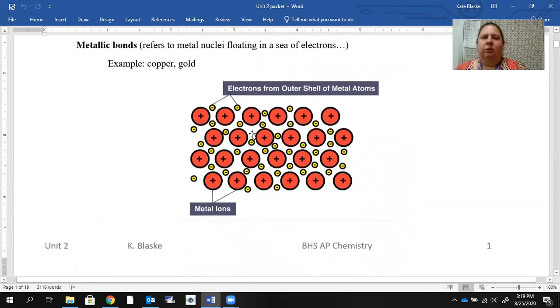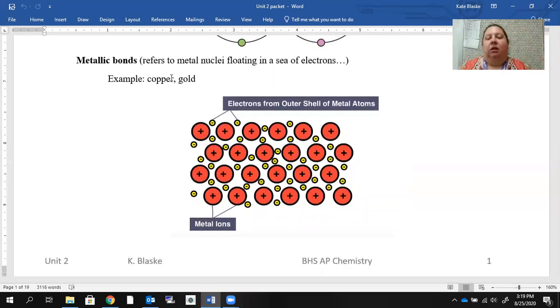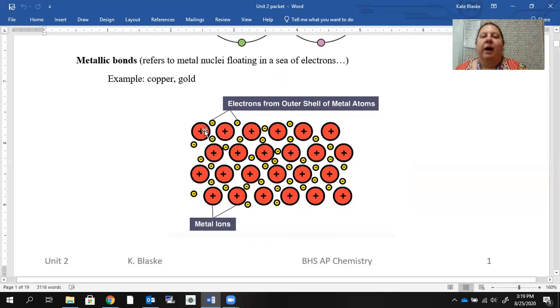Metallic bonds are a little bit different. This is something you might not be as familiar with. When metals bond with each other, they don't share, they don't give and take, they all just sort of go and donate all of their electrons out into the world. So we've got these positively charged metal cations that form this nice pattern, and then the valence electrons they have given up just form what we call a sea of electrons.